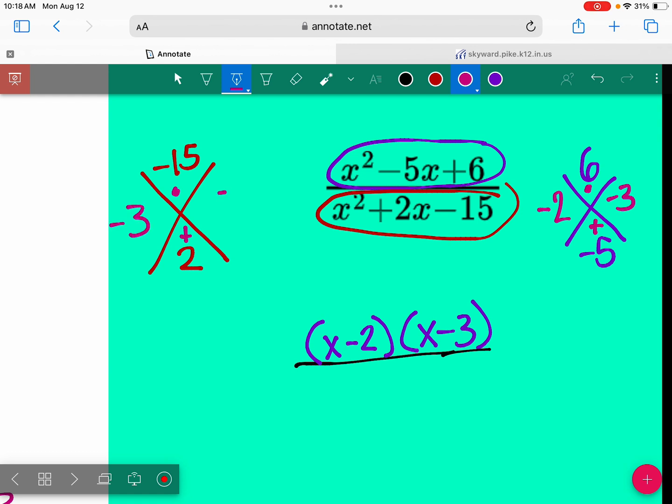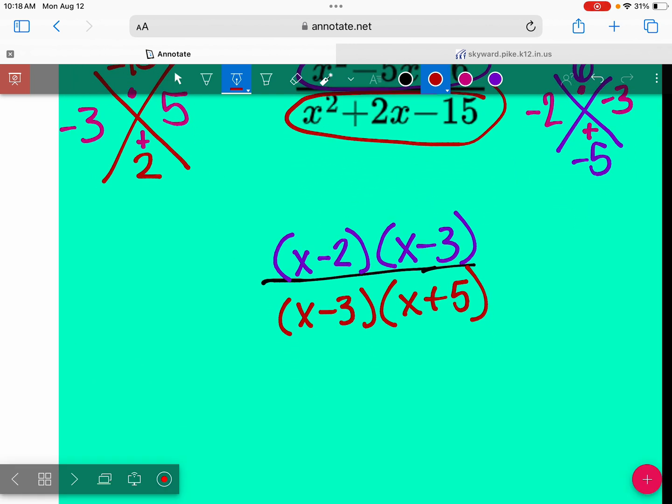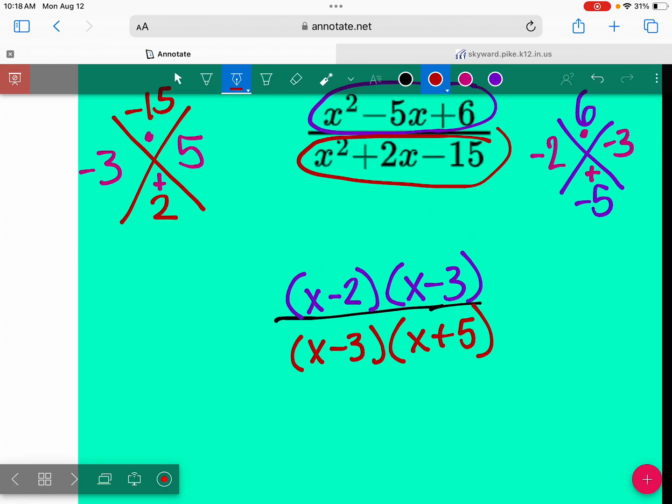Negative 3 and positive 5. So our factored form is x minus 3, x plus 5. Again, I count that 100% as showing all the work we need to. That is all we need to have to simplify this. I'm not done yet, but that is factored.